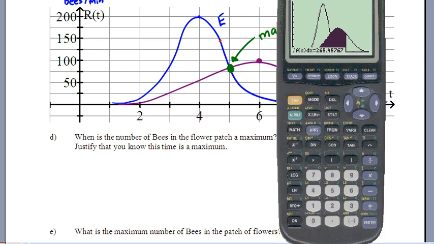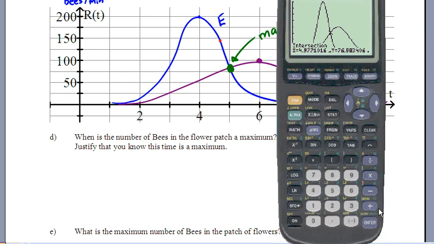I can actually just ask my calculator to do this. Again, I'm going to change my window back, just make it look a little nicer here. I'm just going to say, hey, calculator, these are complicated graphs. Can you find out where they intersect for me? And it'll do it. It's really close to time 5, but not exactly. So I'm going to say, hey, calculator, let's do an intersection between that graph, and yeah, it's right around there.